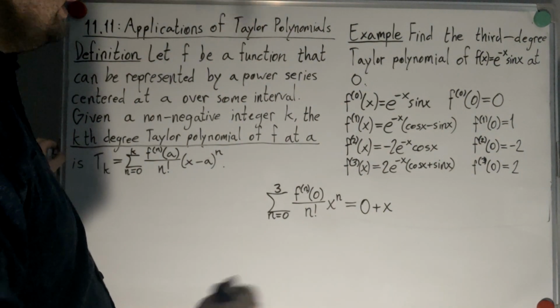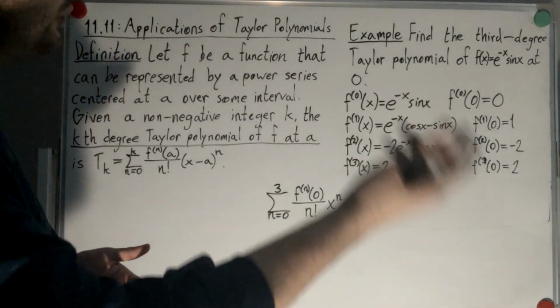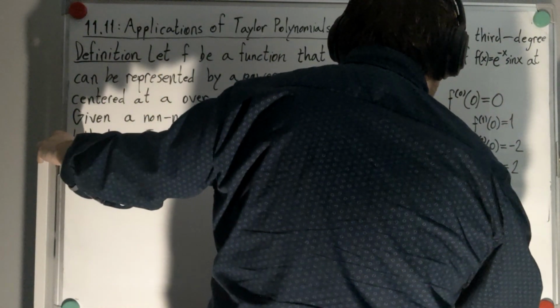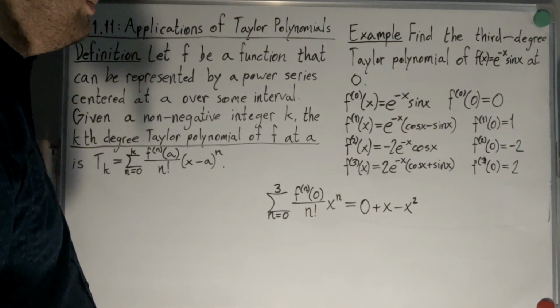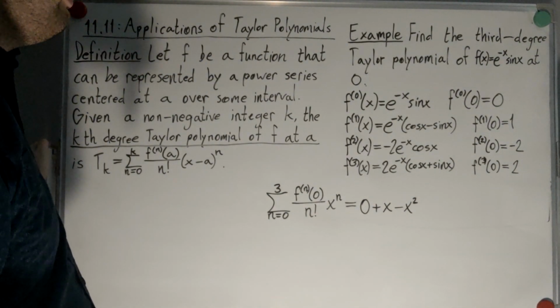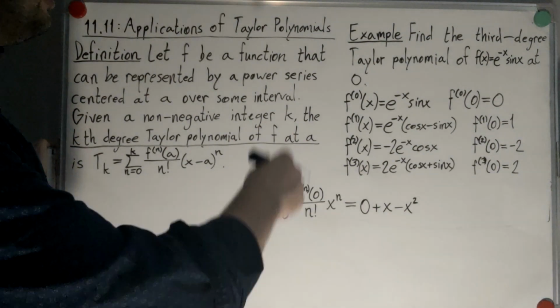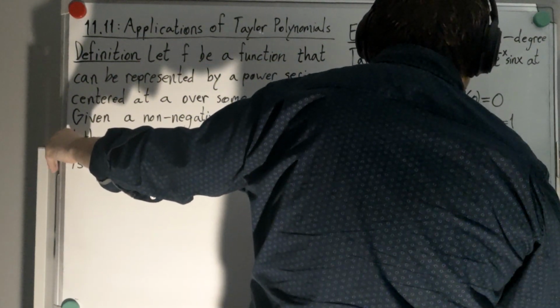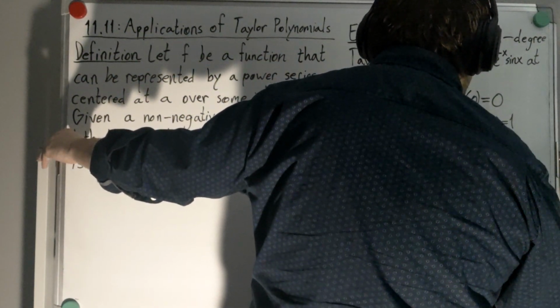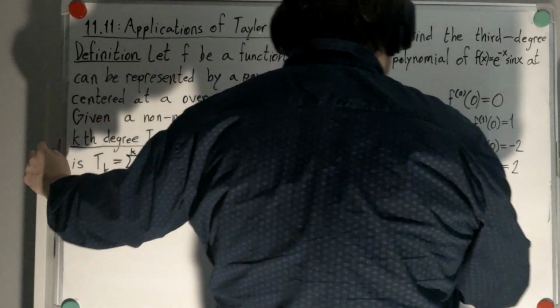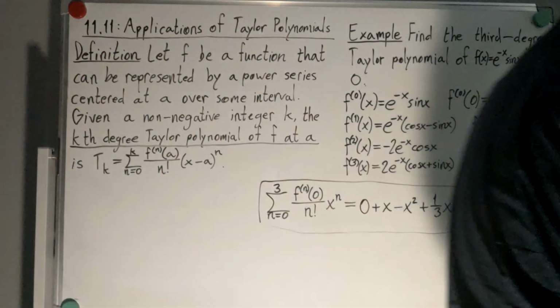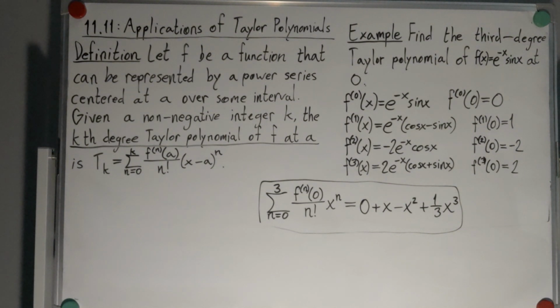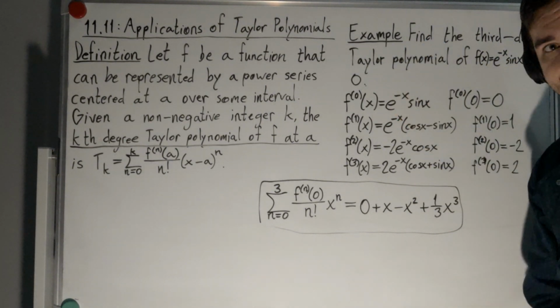Two term is negative 2 over 2 factorial x to the 2, so that's just going to be negative x squared. And then the 3 term is going to be plus 2 over 3 factorial x to the 3, and so that just turns into 1/3 x to the 3. And that's it. So this is the cubic polynomial that best approximates this function near 0.